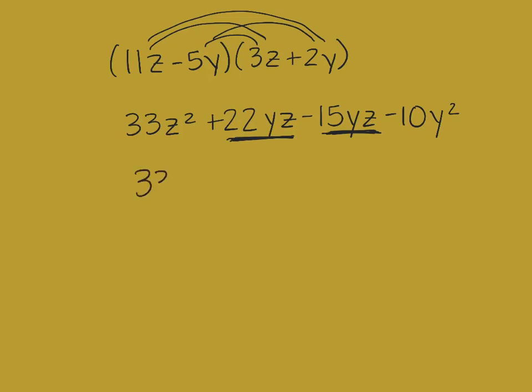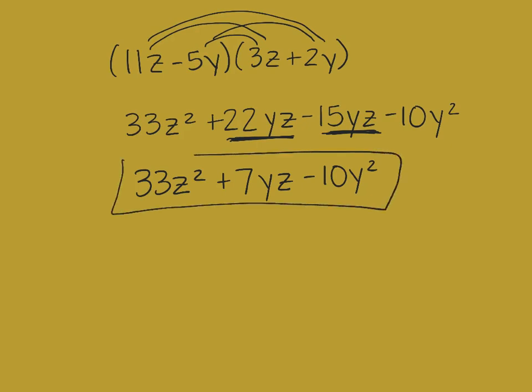So this would stay the same. I have positive 22yz's minus 15yz's for a total of 7 positive yz's. And then the y squared, that's the only one that has a y squared by itself, so we leave it like that. And this would be the final answer.